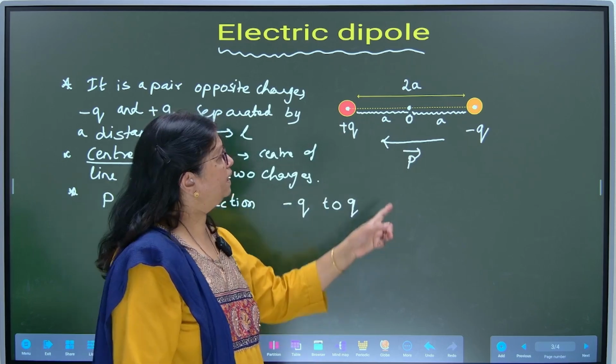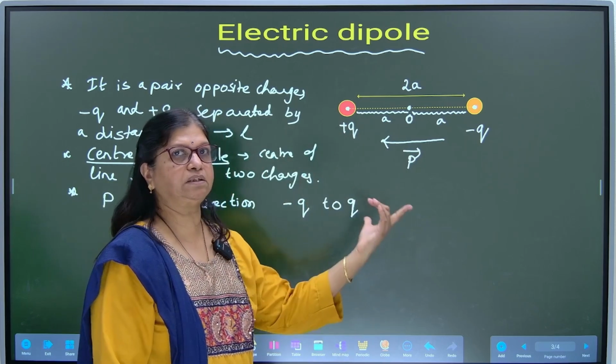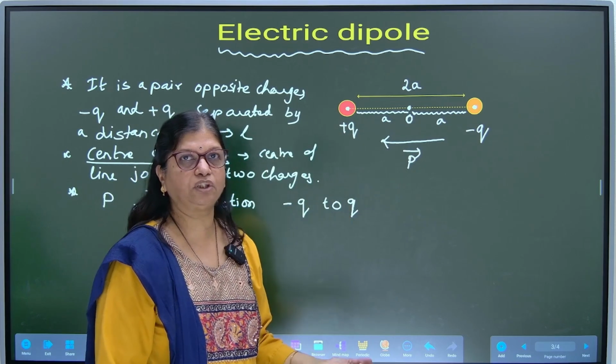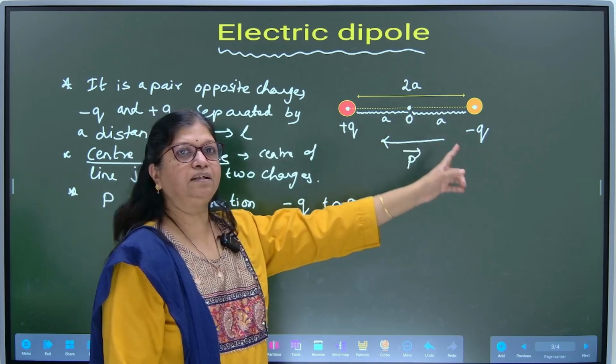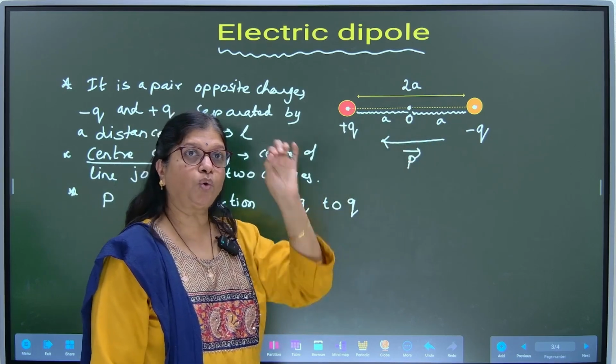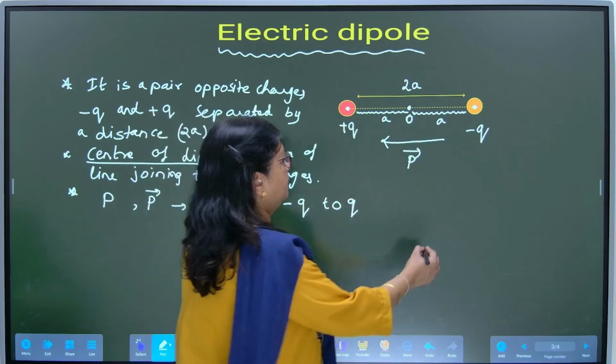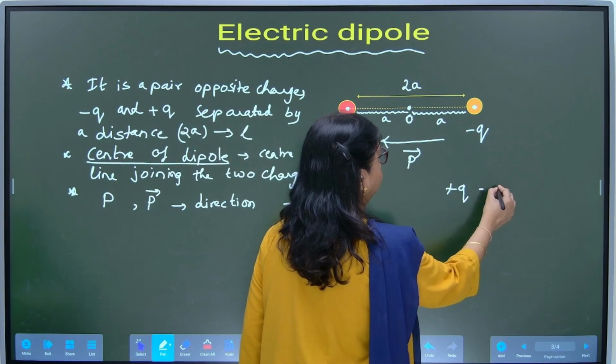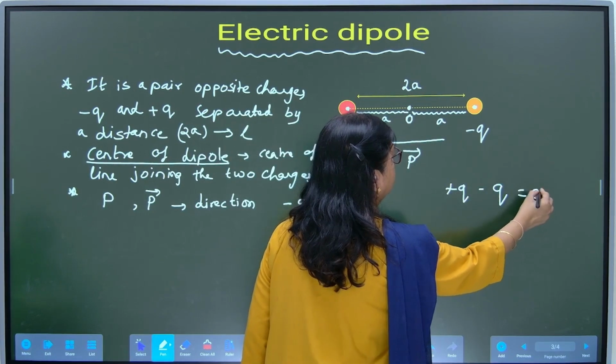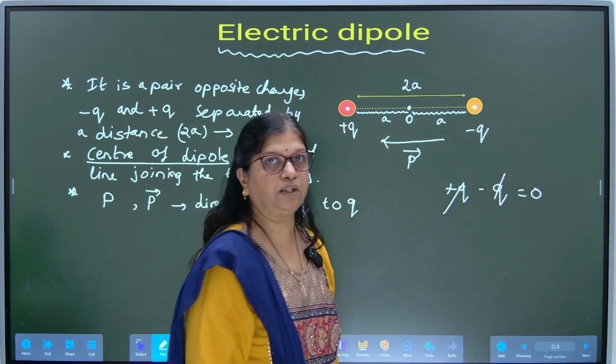Fine. Now, as can be seen in the diagram, it is a system of one positive charge and one negative charge, and the magnitudes also are the same. So the total charge plus q and minus q are adding up and gets 0.